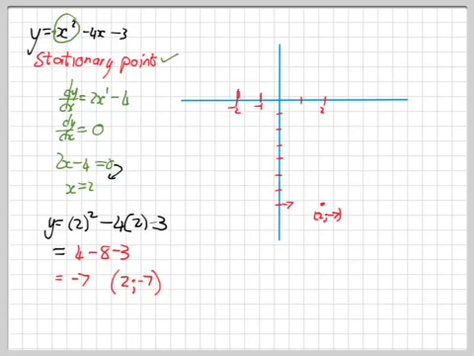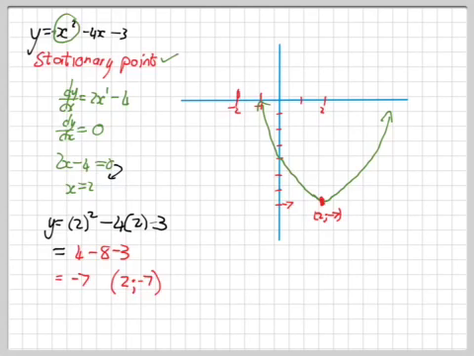So therefore I would know that the graph, if I had to draw a rough sketch of it, would look something like that. Turned there. Turned at that point there. And therefore it would actually be a parabola looking like that.